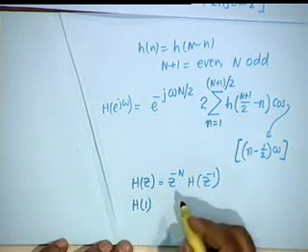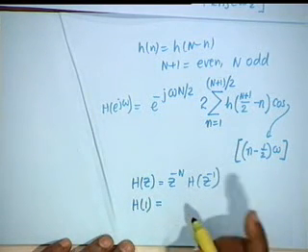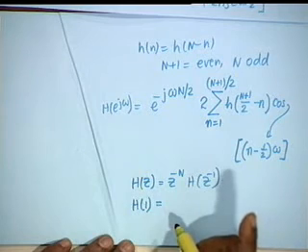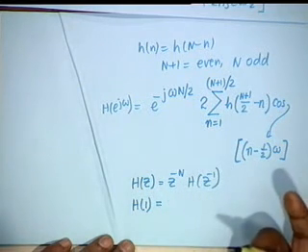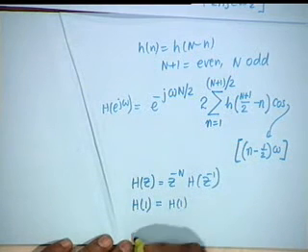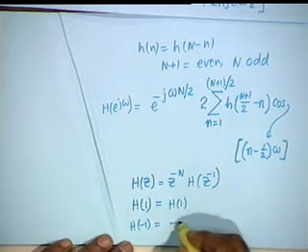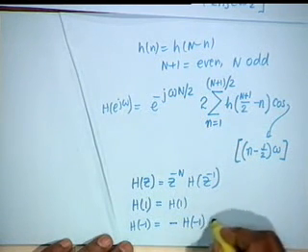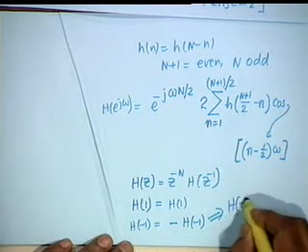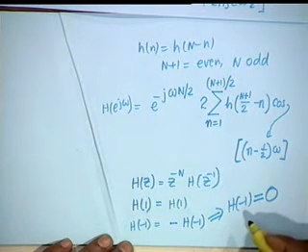If you put z equal to 1, capital N is odd now, but 1 to the power minus an odd number is again 1, so you get h of 1. But h of minus 1 now becomes minus h of minus 1, which means that h of minus 1 must be equal to 0.